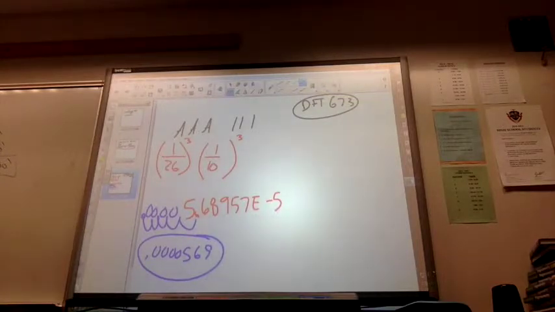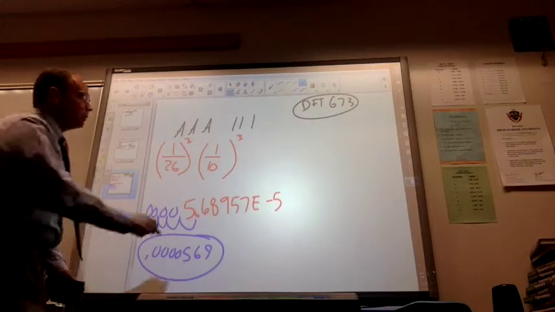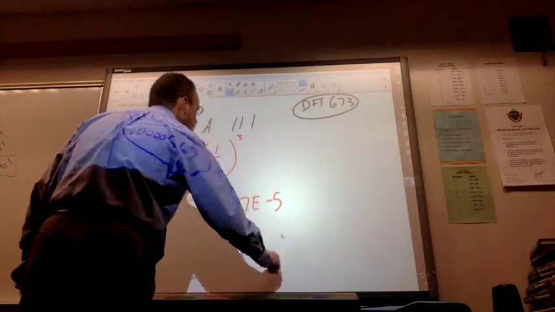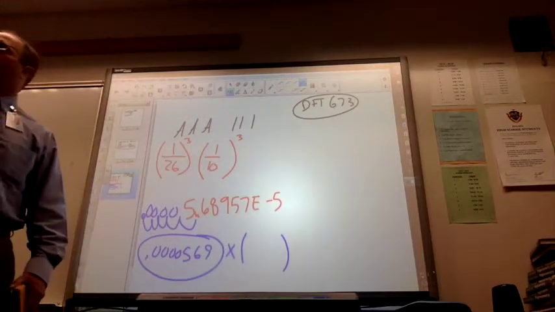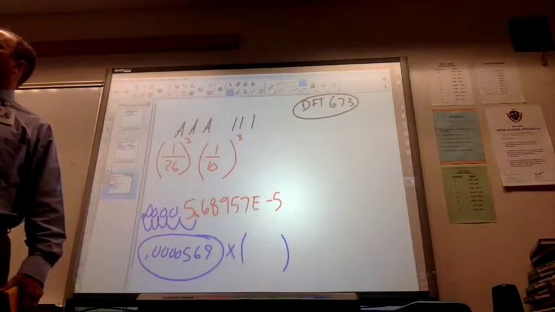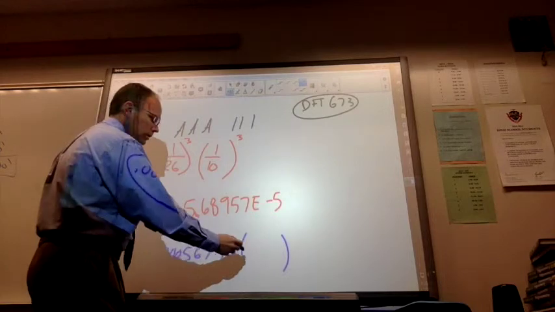It's times better than 1 to 10. 32. That's just 1 to 26. Oh, I didn't realize it wasn't multiplied. It wasn't the whole thing? Oh, okay. And then times 1 over 10, so it's 0.1 raised to the third is 0.001.